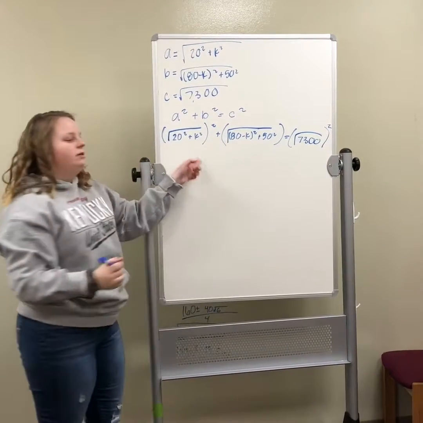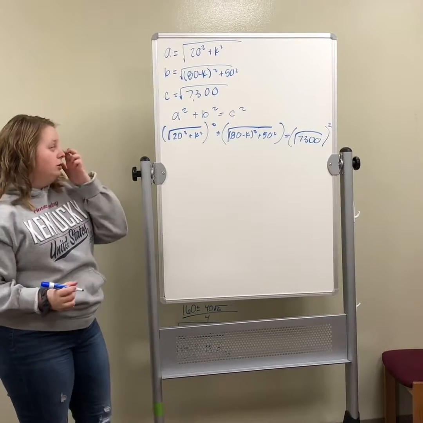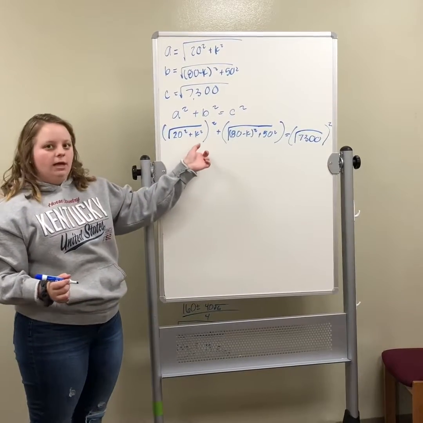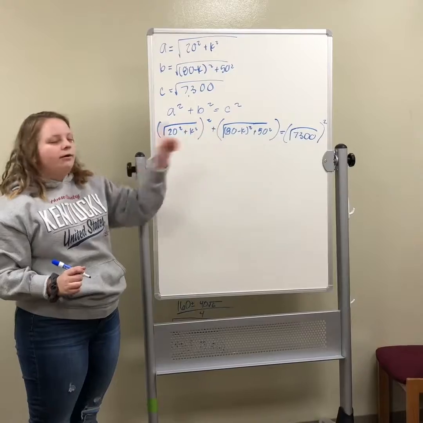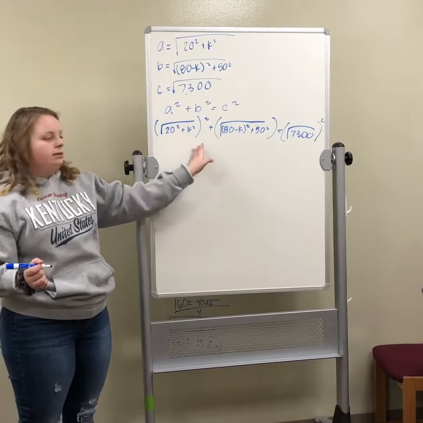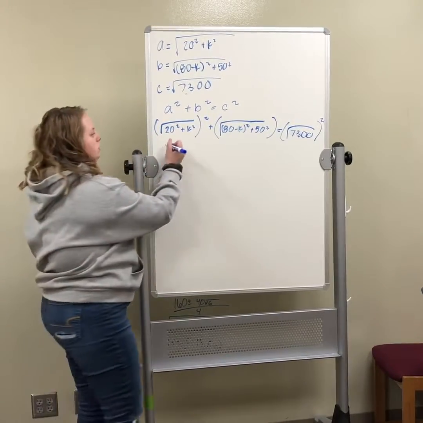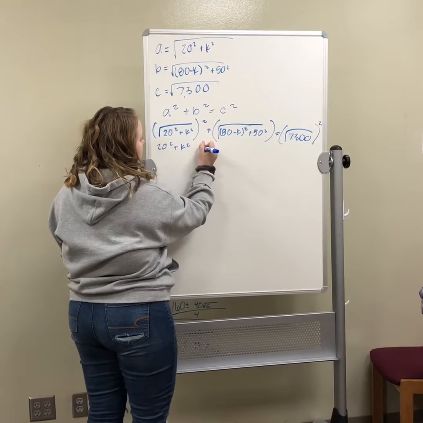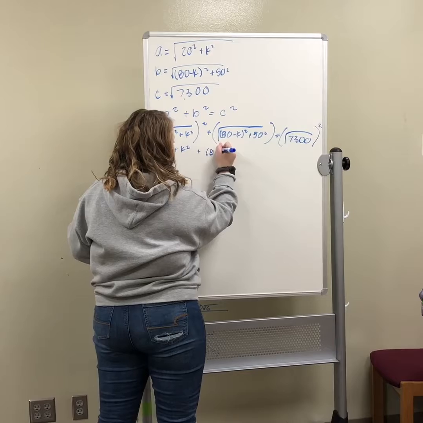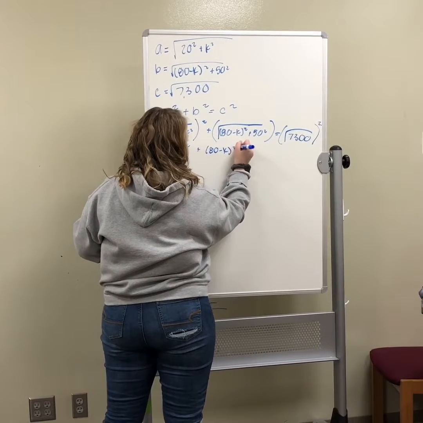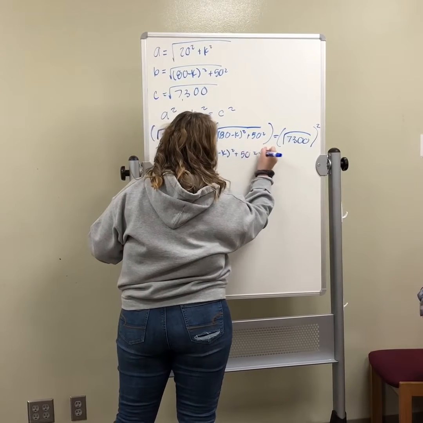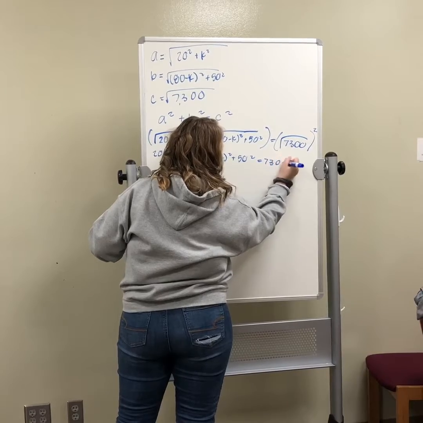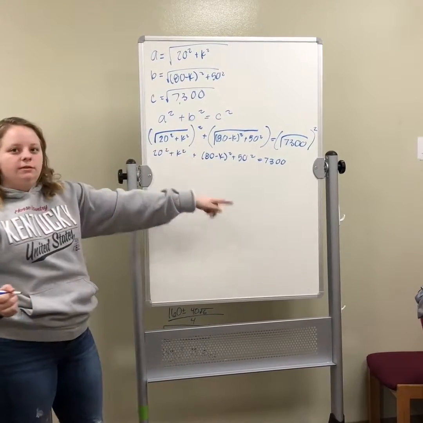Okay, so this is our Pythagorean theorem, and we're going to break this down. Since the square undoes the square root, it's just going to be what's underneath. So it's going to be 20 squared plus k squared plus 80 minus k squared plus 50 squared equals 7,300.